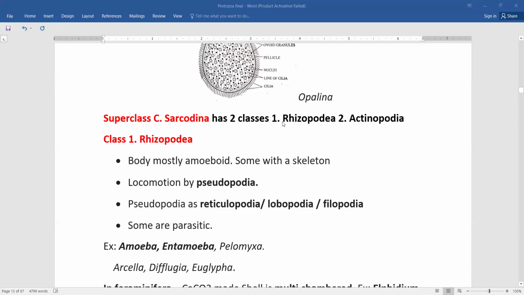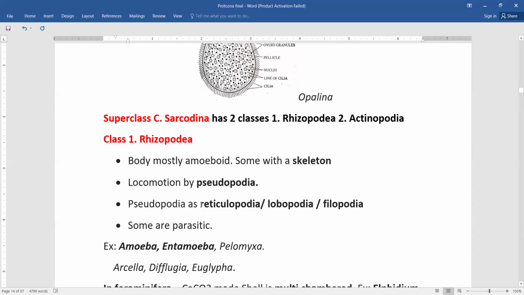It has two classes, Rhizopodia and Actinopodia. Rhizopodia is very important, which contains the amoeba and Entamoeba. The body is mostly amoeboid, and some contain a skeleton made up of calcium carbonate or strontium sulfate, etc. Locomotion, we all know that amoeba has pseudopodia.